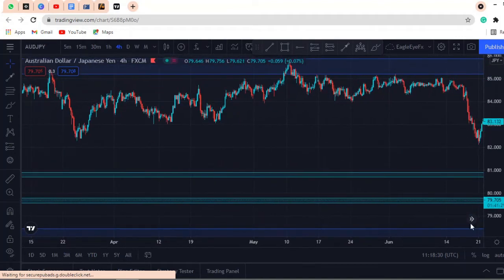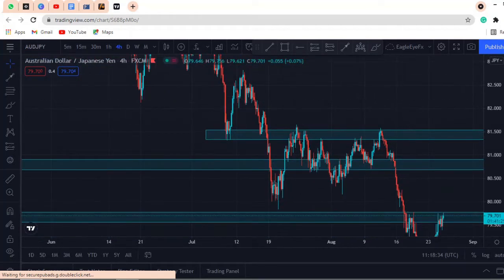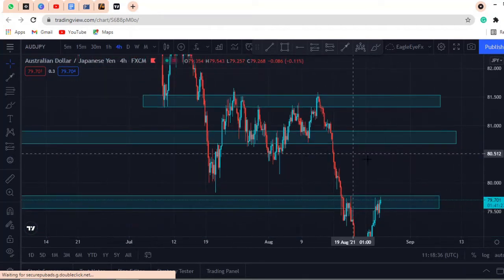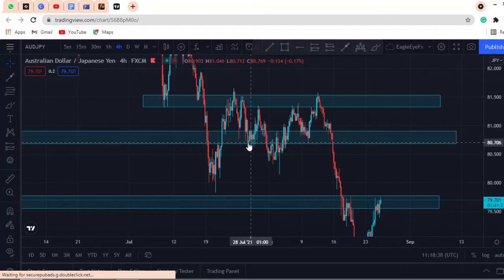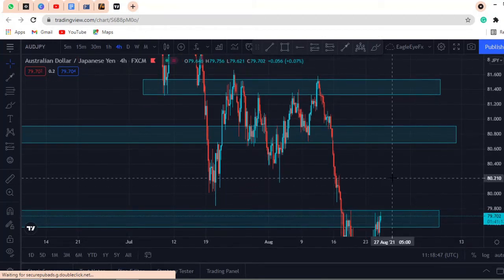Now if I come to where we are right now, notice what is happening to the market: this level here acted as a support, and then it also acted as support here again. So remember I'm on the 4-hour time frame.